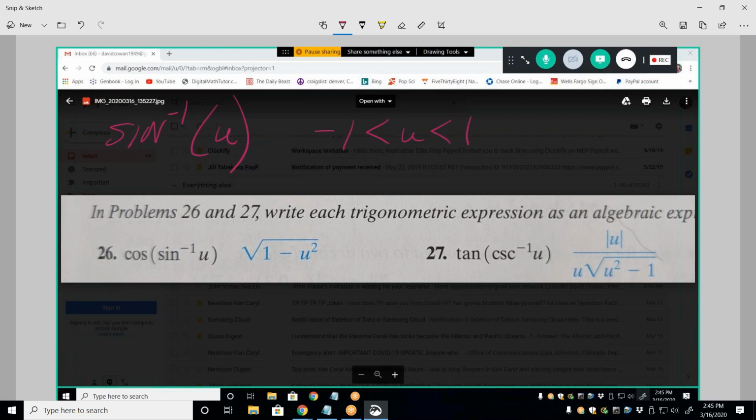The range is actually not 0 to 2 pi. The range is -pi over 2 to pi over 2. Wait, I was thinking that was the other way around, that the domain was -pi over 2.